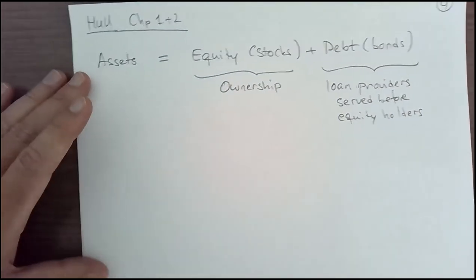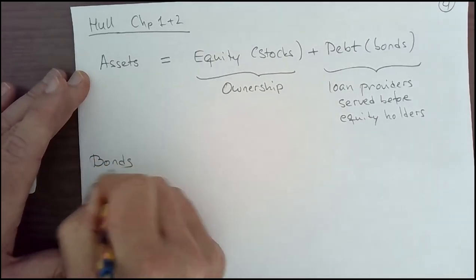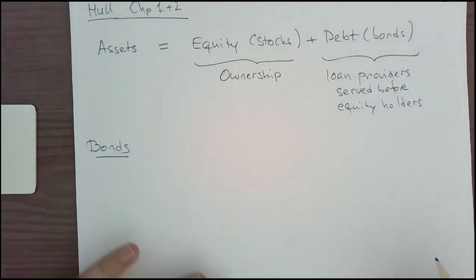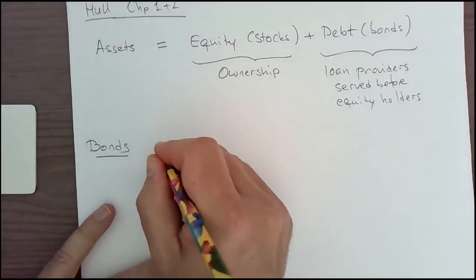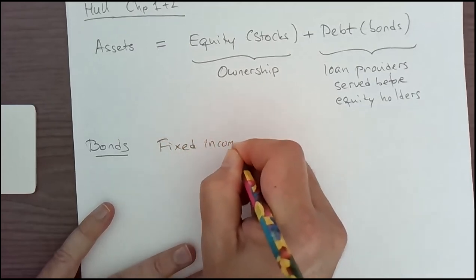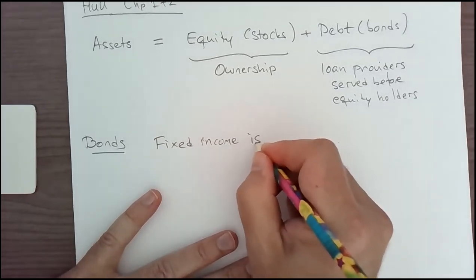So bonds, what is a bond? Well, it's what's called a fixed income instrument.